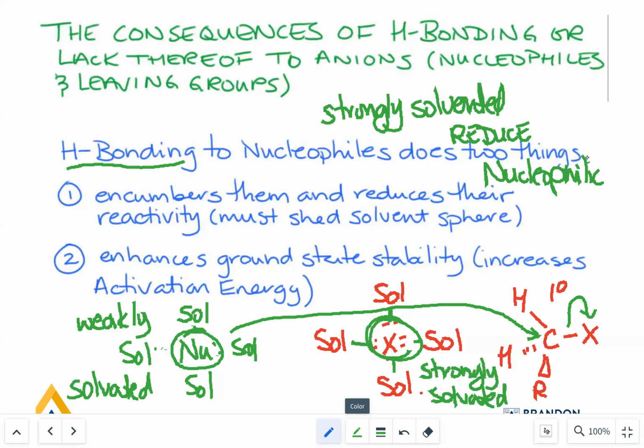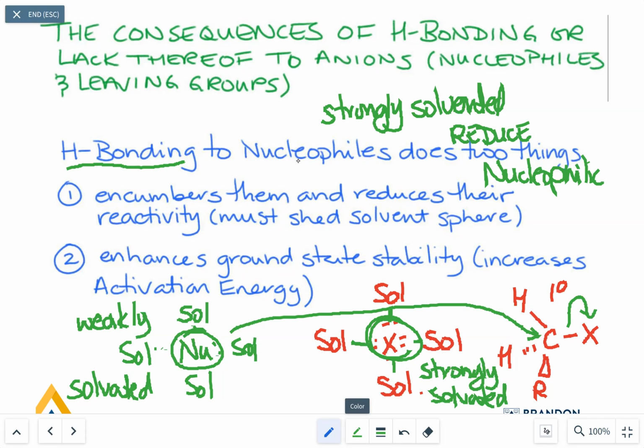But if the solvent molecules are there but they're not paying any attention to you, well, then it's a lot easier to run off and behave as a nucleophile and attack something.